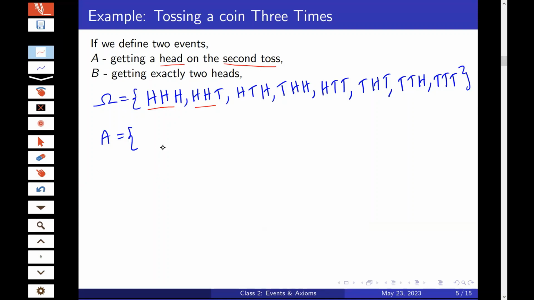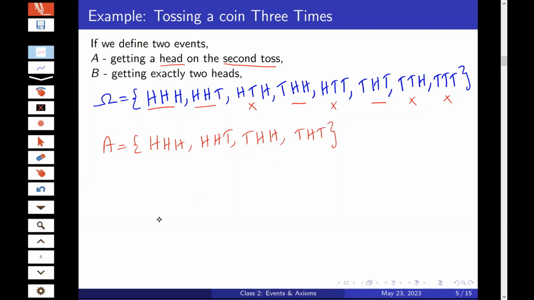If it is head, we can pick it for event A. Where the second toss is not head, we skip it. So there are 4 outcomes that match the description of A. So here A is going to be HHH, HHT, THH, THT.